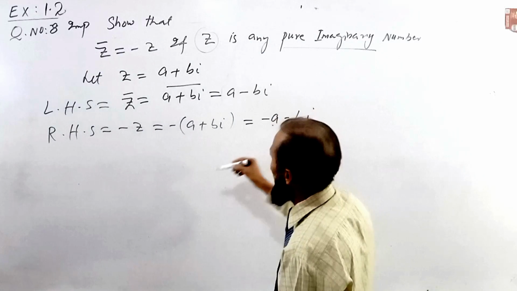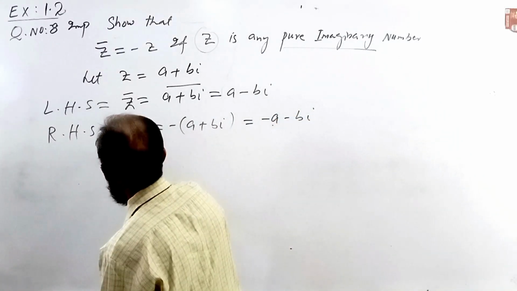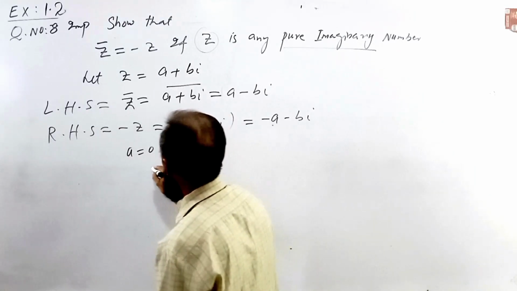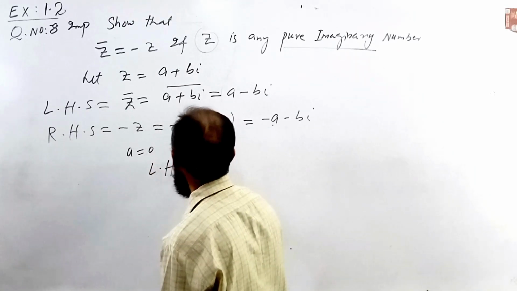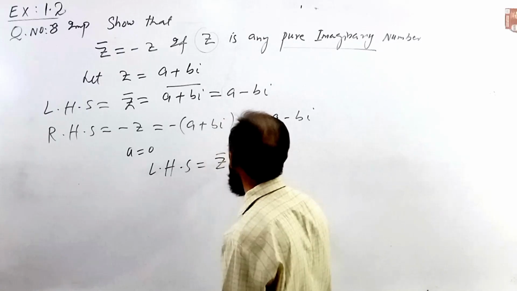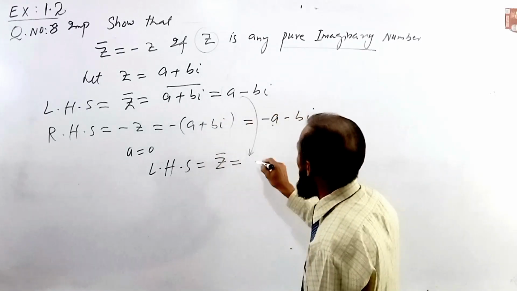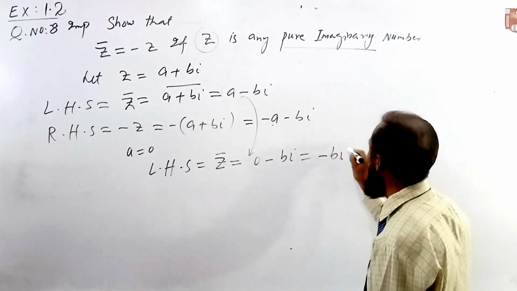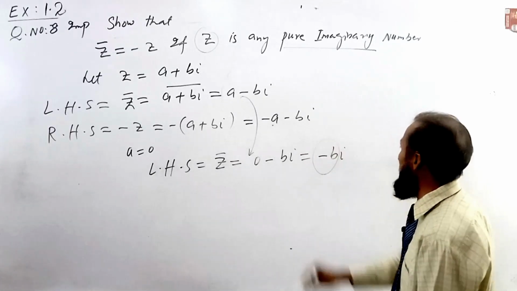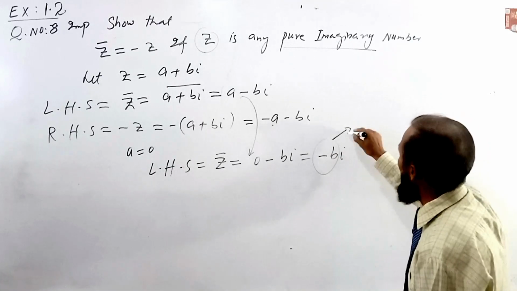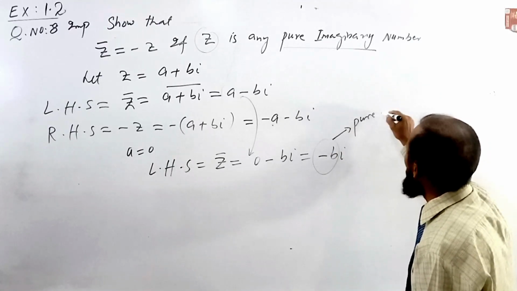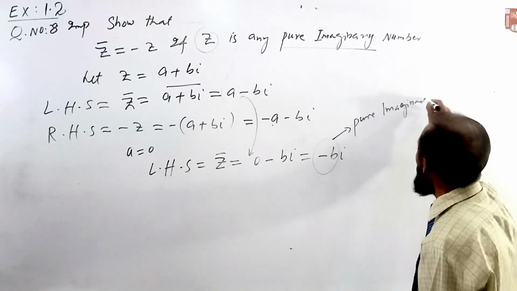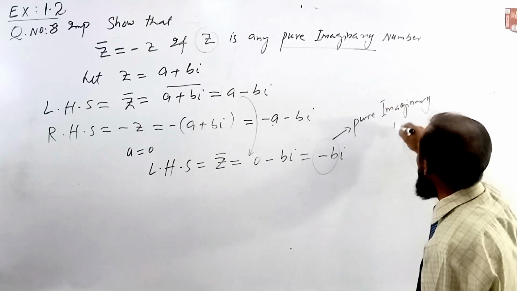So the left hand side becomes z bar is equal to, in place of this one, we will get minus b iota. So minus b iota. Here b iota is a pure imaginary number.